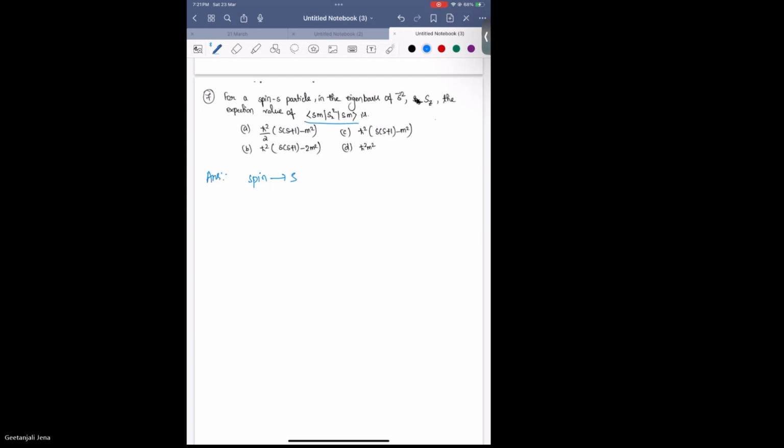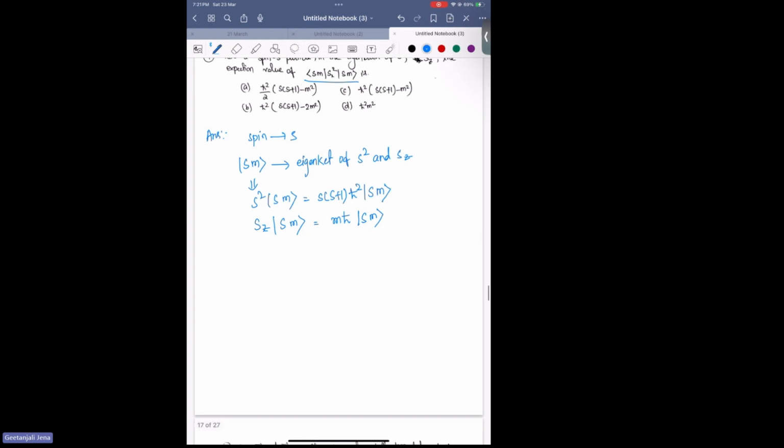So it is given that the eigenket Sm is the eigenket of S square and Sz. So it implies if S square acts on Sm, it will give S into S plus 1 h cut square Sm. And if Sz acts on Sm, it will give m h cut Sm.